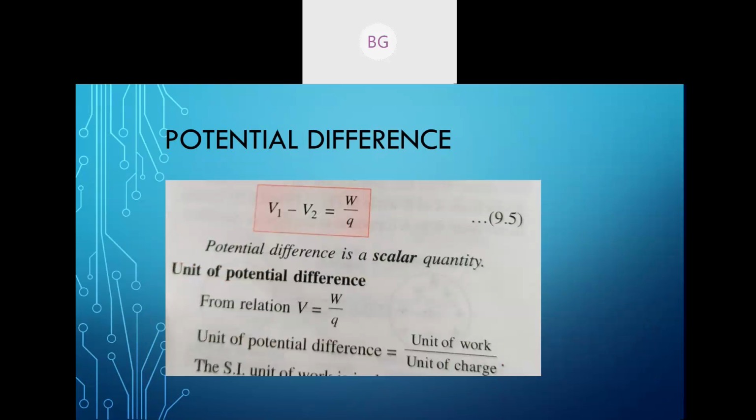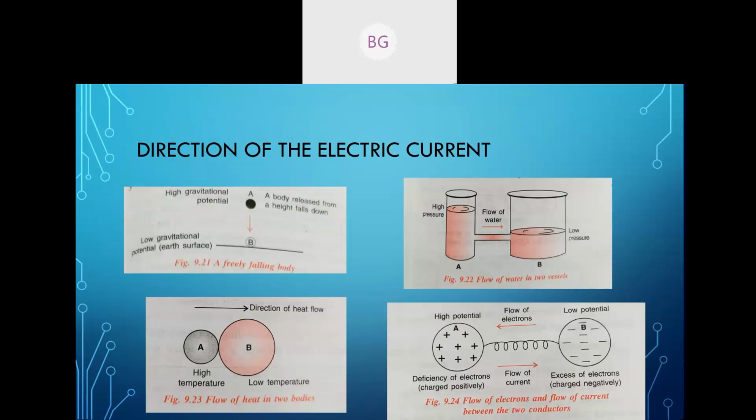Okay. So next we will see what is potential difference. Now this potential difference is also called voltage. As we saw here, current always flows from higher concentration to lower concentration.